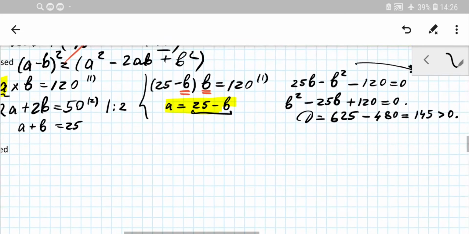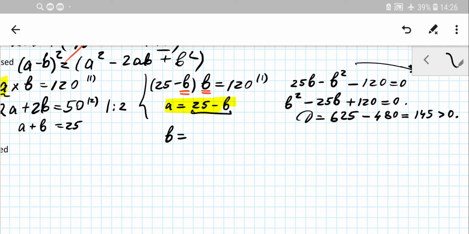And finally, let's calculate b. I use the quadratic formula: b is 25 plus or minus the square root of the discriminant, the square root of 145, over 2. So we have two solutions.